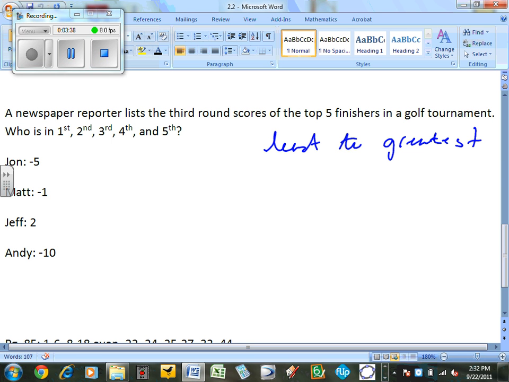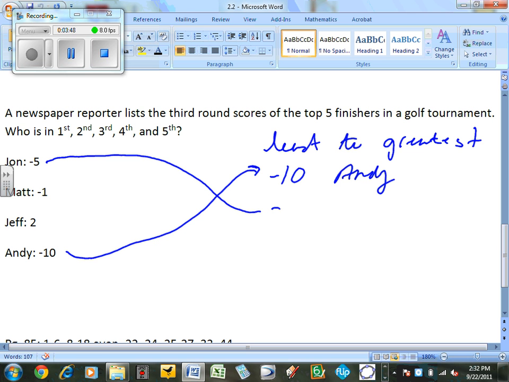All right, it looks like Andy's in the lead with negative 10. The next smallest number, the biggest negative, would be negative 5, so it looks like John got second. Then the next one up would be Matt, with negative 1.